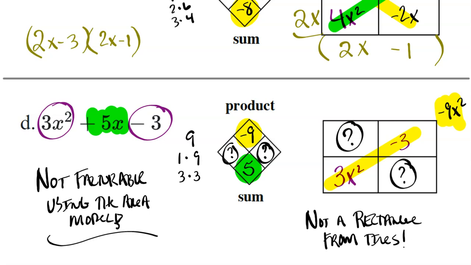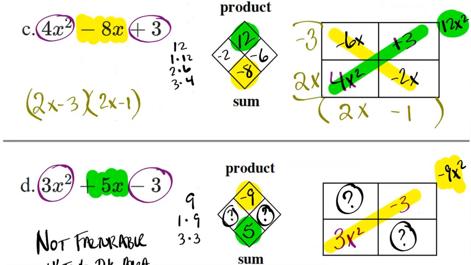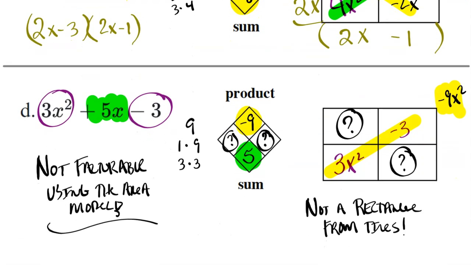So this is a problem that we can't do right now, and that's okay. That's what happens if something is not factorable. You can't do it with the rectangles, so it's not going to factor nicely like the other ones did. So we just say it's not factorable for now.